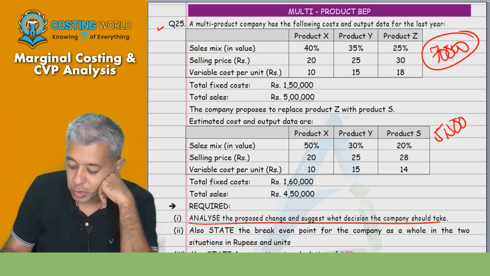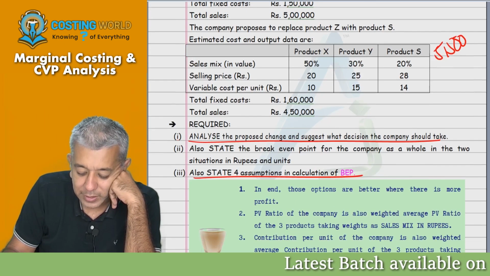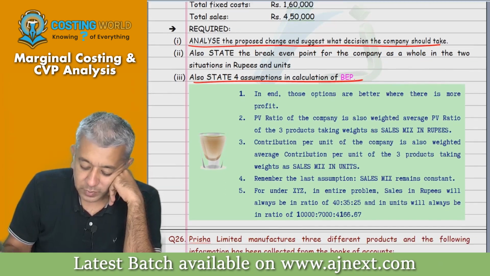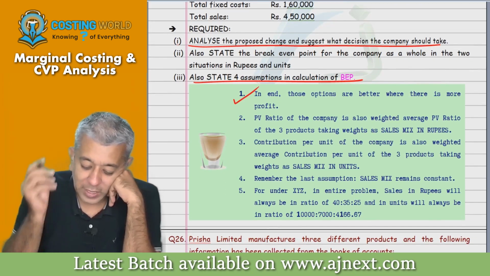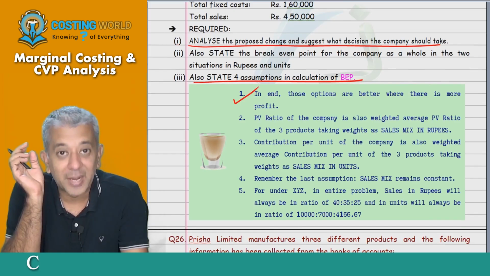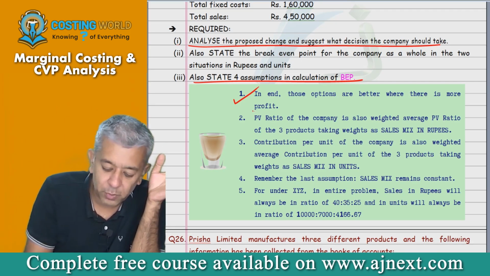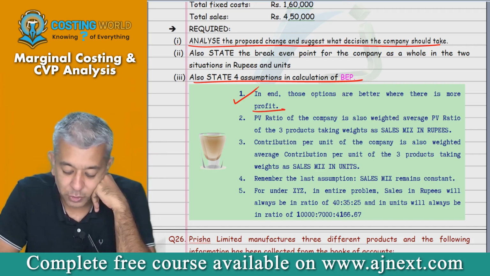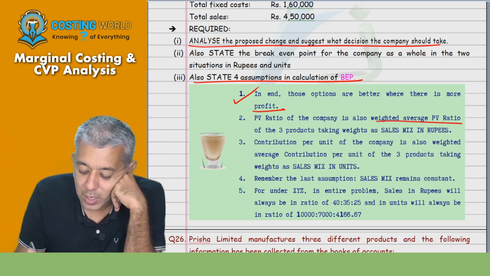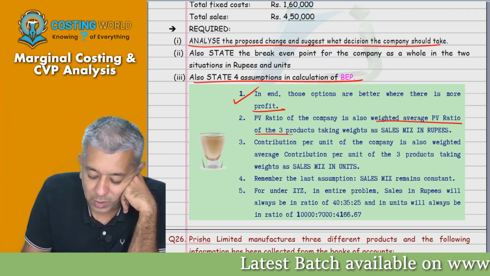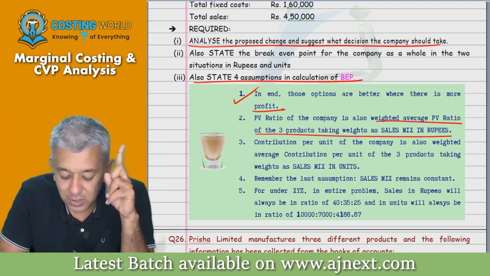Now look at what I have written over here. In the end, those options are better where there is more profit. So XYZ was a better option. PV ratio of the company is also the weighted average PV ratio of the three products, taking weights as sales mix in rupees.